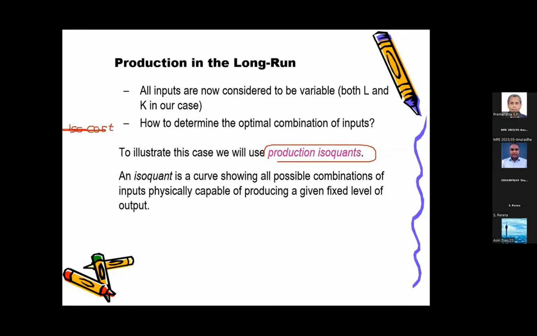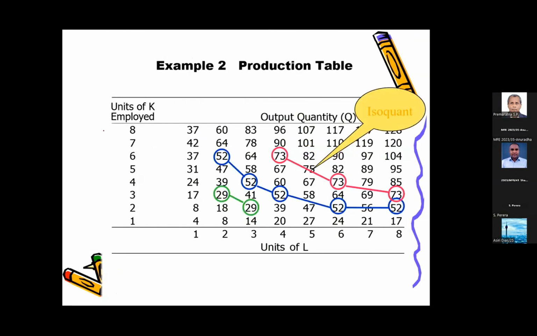Now here, if you remember this table matrix I showed you before, there you can see the long-term situation. For example, 52 can be produced using different combinations of input, like point A, point B, point C, point D, likewise.